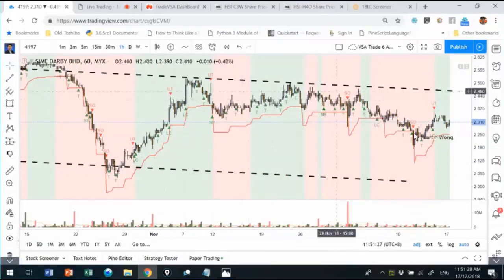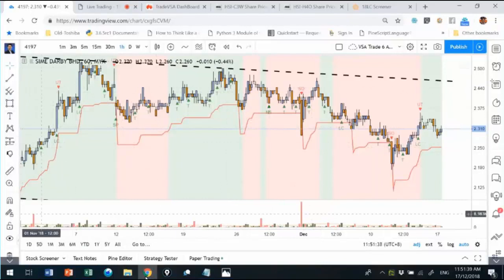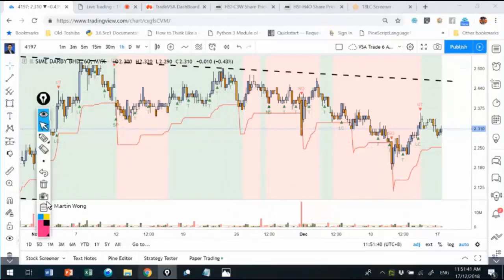On the hourly chart it is still trading in this range. We have an upthrust currently over here. No doubt the heat zone just turned green, but do be careful. Like Martin said yesterday, the heat zone is delayed, unlike the VSA leading indicator, because we are looking at the previous bar.